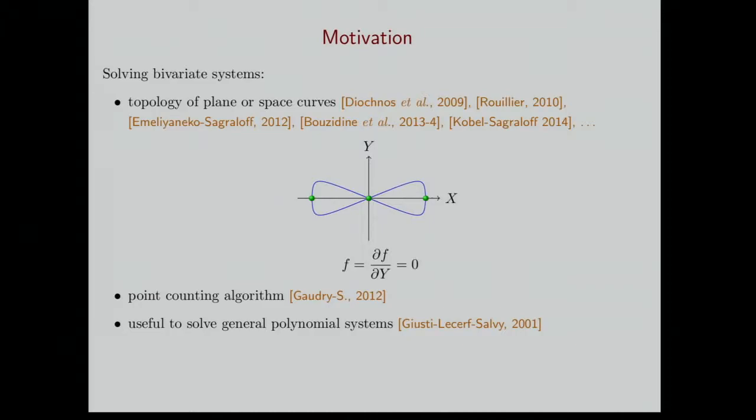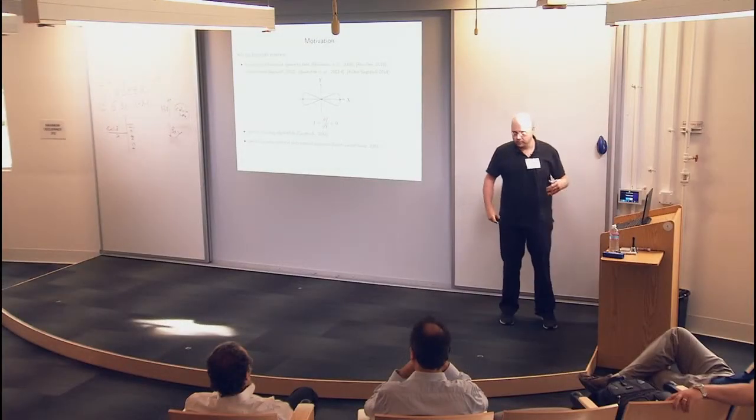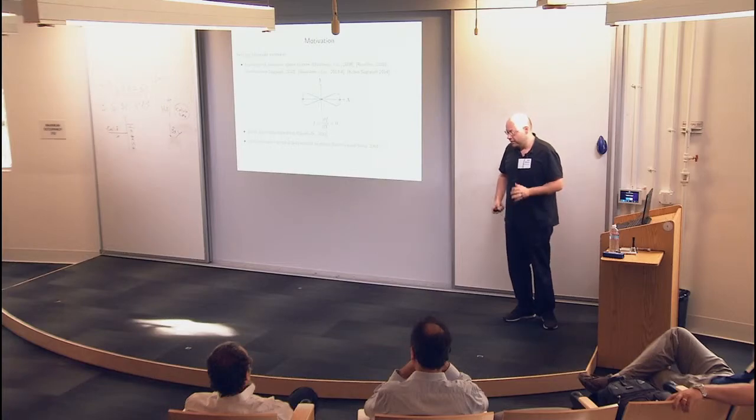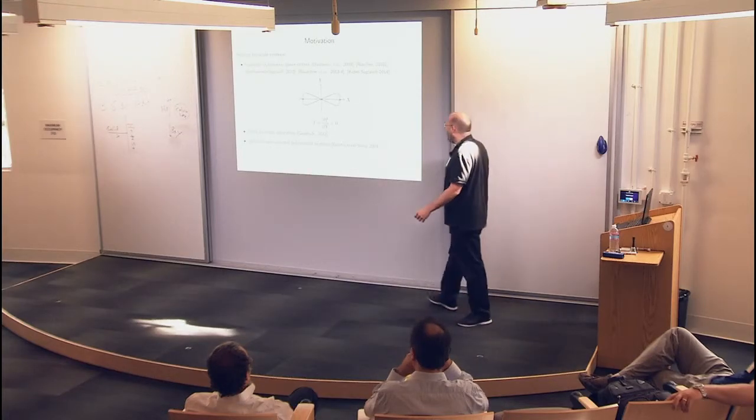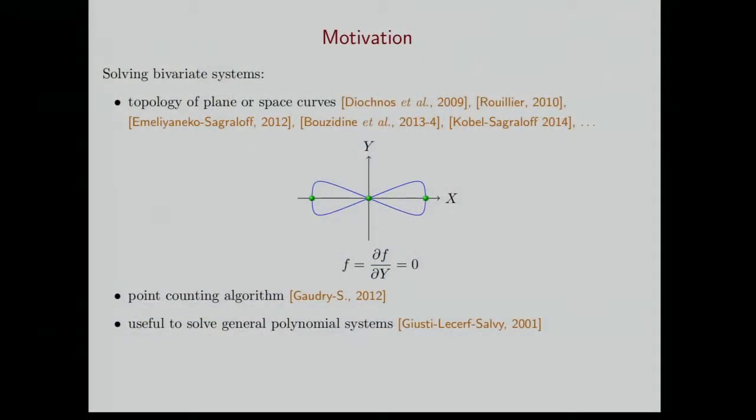I had to deal with bivariate systems in another context, which was working over finite fields, counting the points in the Jacobian of a curve of genus 2, so as to define a fast hyperelliptic cryptosystem. So that was work with Gaudry. And for that, we had large bivariate systems to solve with coefficients in a largish prime field.